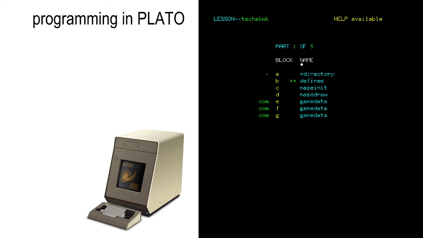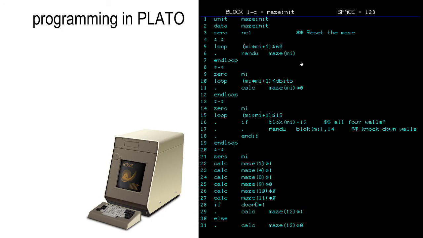If we go into maze init, we can see a lot hairier code here for drawing out the maze. The plan of action is essentially to reset the maze, clearing everything out to 0. Then we go through a loop, setting random bits all over and adding walls all over the maze.